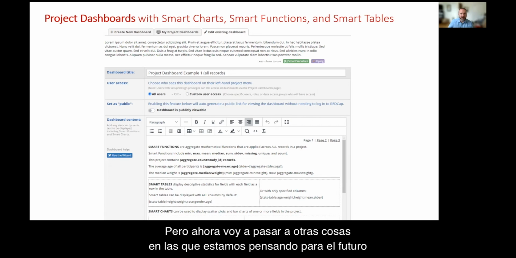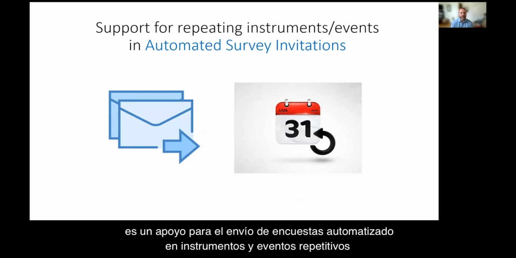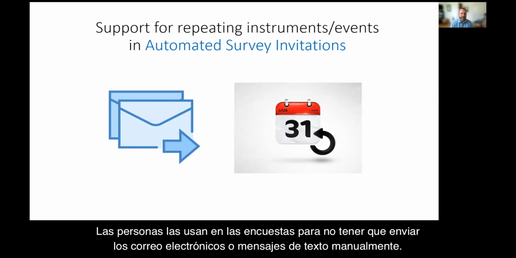But now moving on to some other things that we're thinking about for the future: support for repeating instruments and events in automated survey invitations. Automated survey invitations, or ASIs, as we sometimes call them, have been around for many, many years. People use them for surveys so that you don't have to send the email or the text message manually.